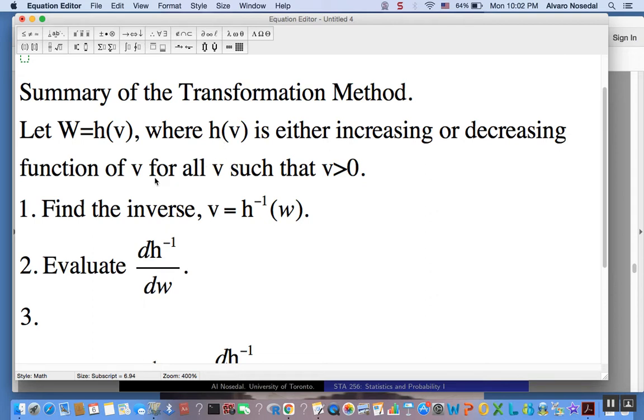And this condition must be checked for the values v where the PDF of the random variable V is non-zero. Here we go. Let's check that condition.